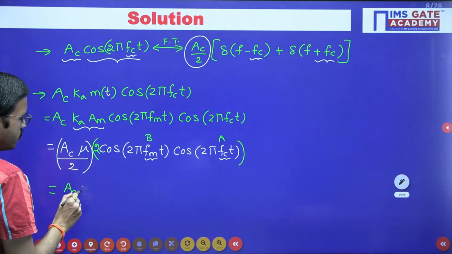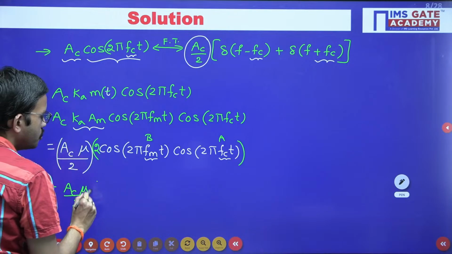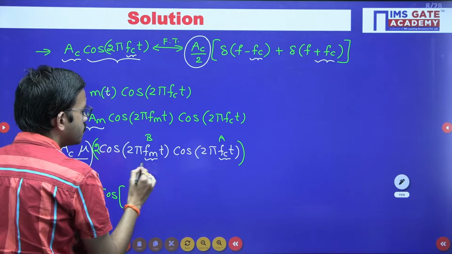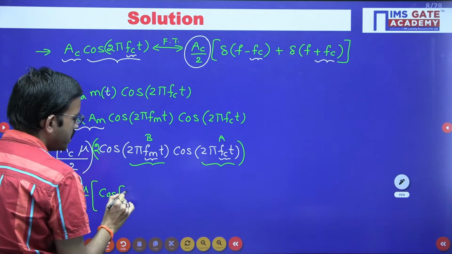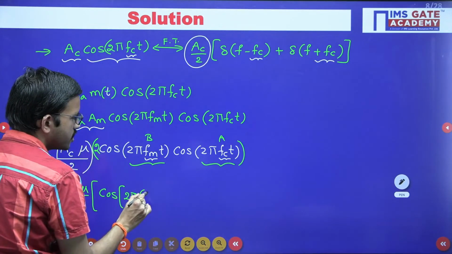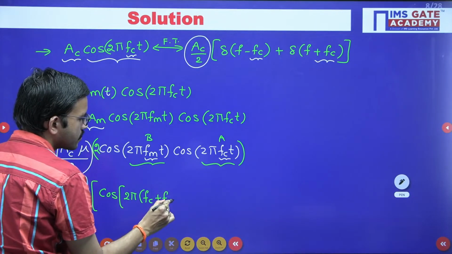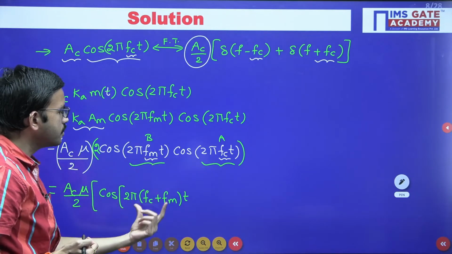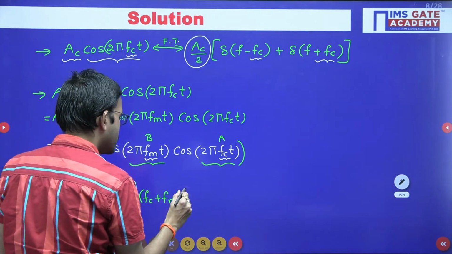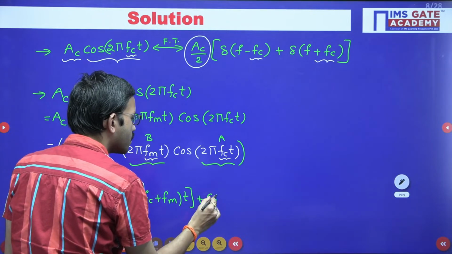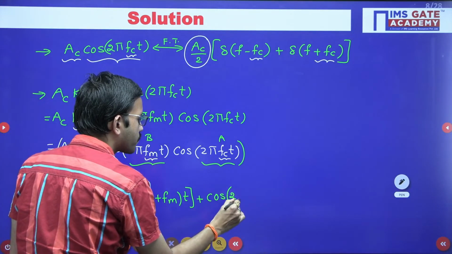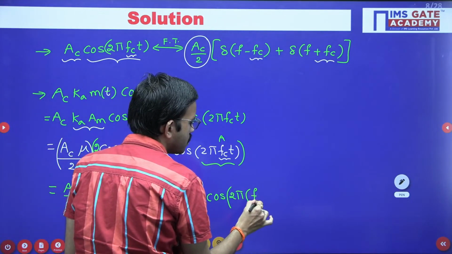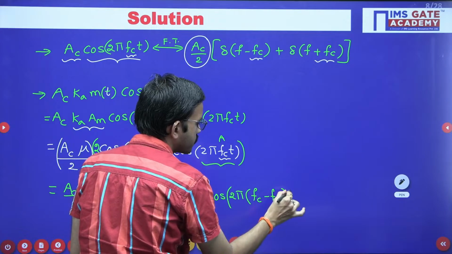From there, 2 cos A cos B is nothing but cos sum: you can add both the terms, take 2 pi common, then (Fc plus Fm) t. Plus cos difference, so you subtract the smaller frequency from the larger, Fc minus Fm into t.